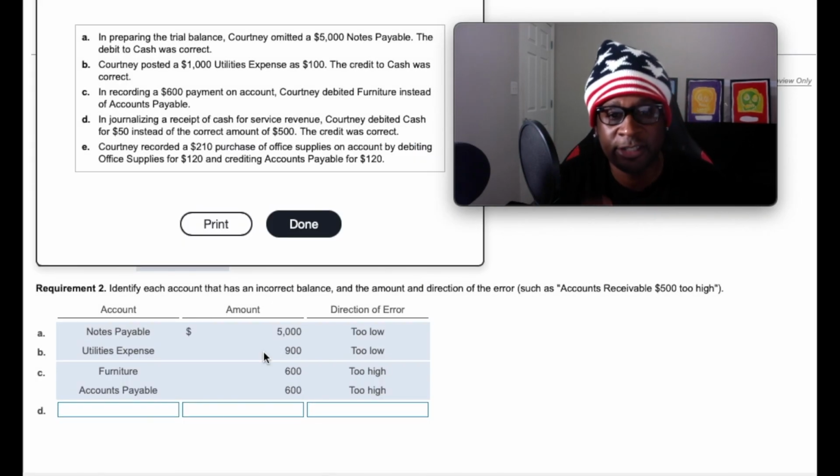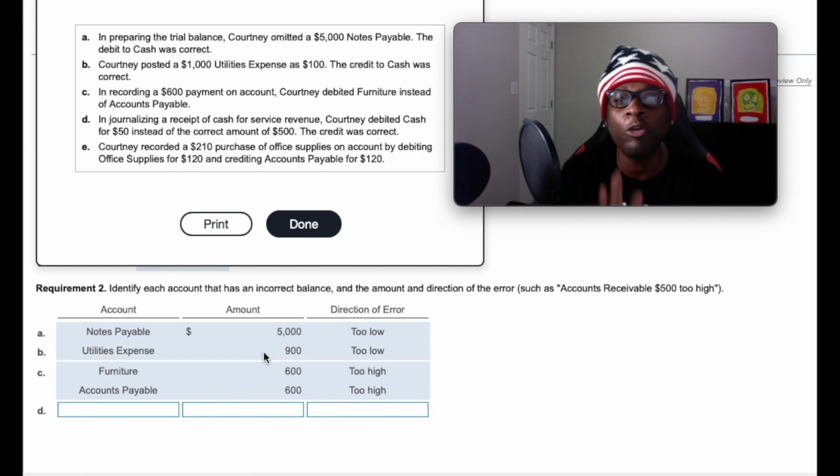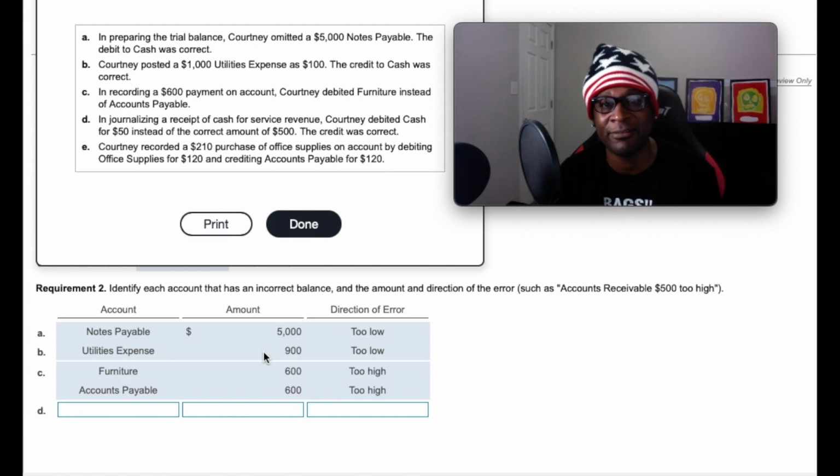Next, in journalizing a receipt of cash for service revenue, Courtney debited cash for $50 instead of $500. The credit was correct. So the only account in this one, gang, that was affected erroneously was cash. We increased cash by debiting $50 instead of $500. So how does that affect the trial balance?